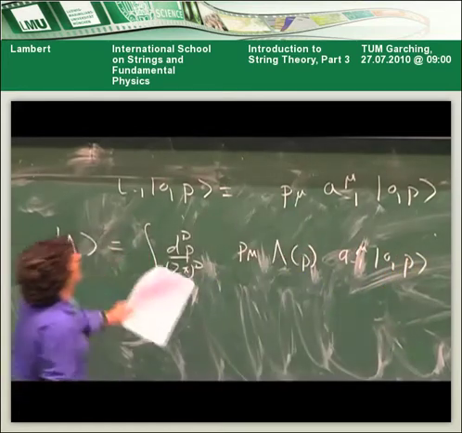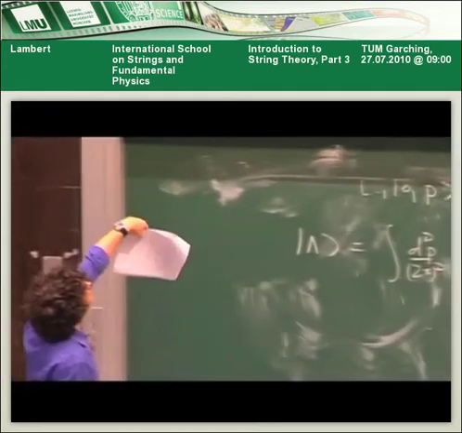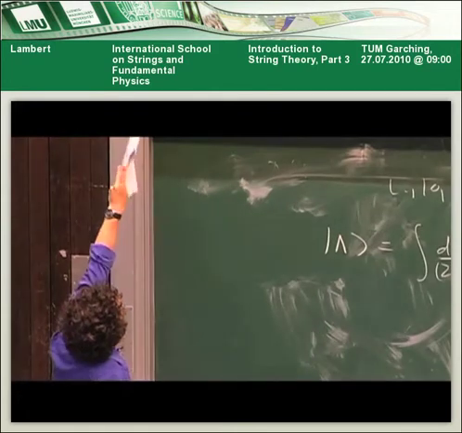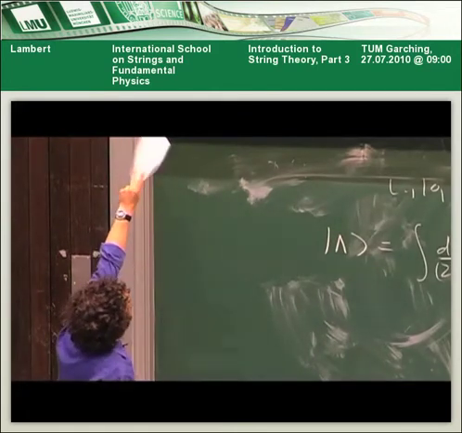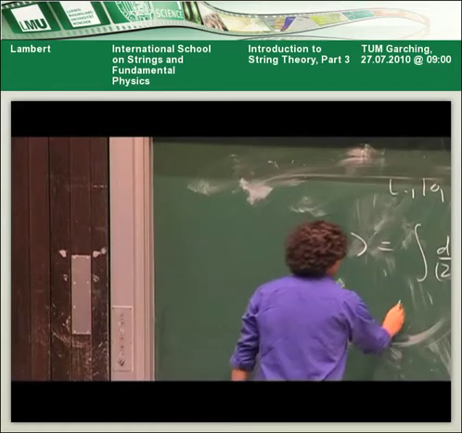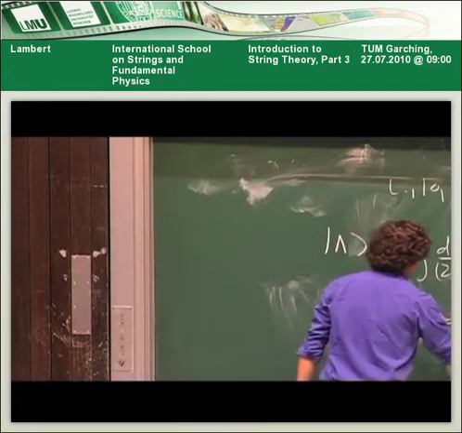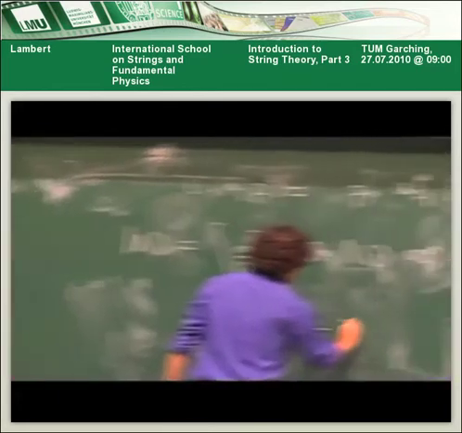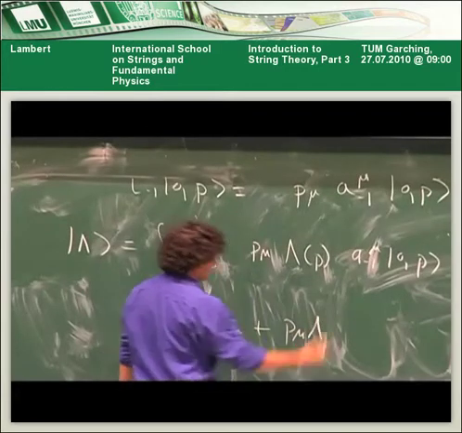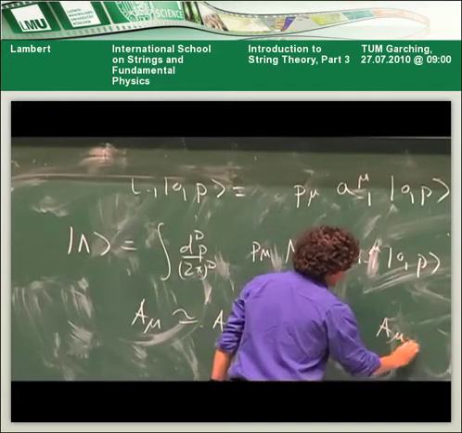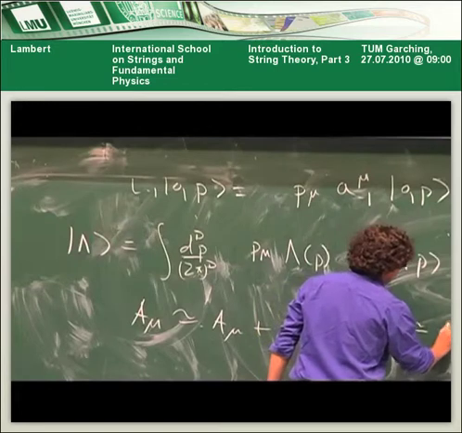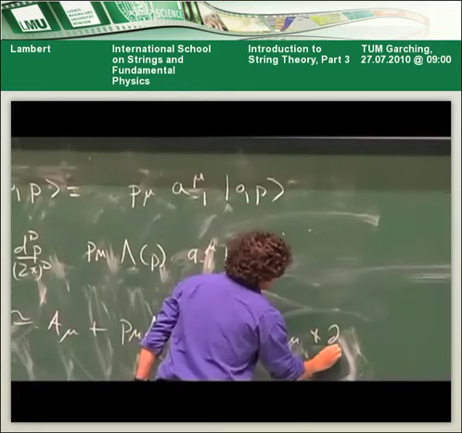So you see, when I add it to this big state that I was working with, which is the very top line on the top board, I simply get A mu is equivalent to A mu plus P mu lambda. Or in space-time, coordinate space, A mu is equivalent to A mu plus D mu lambda.